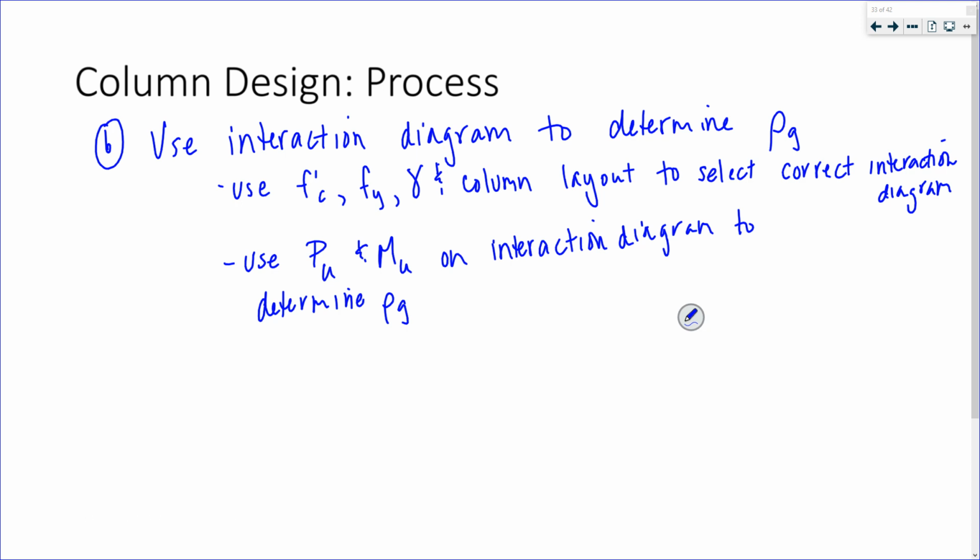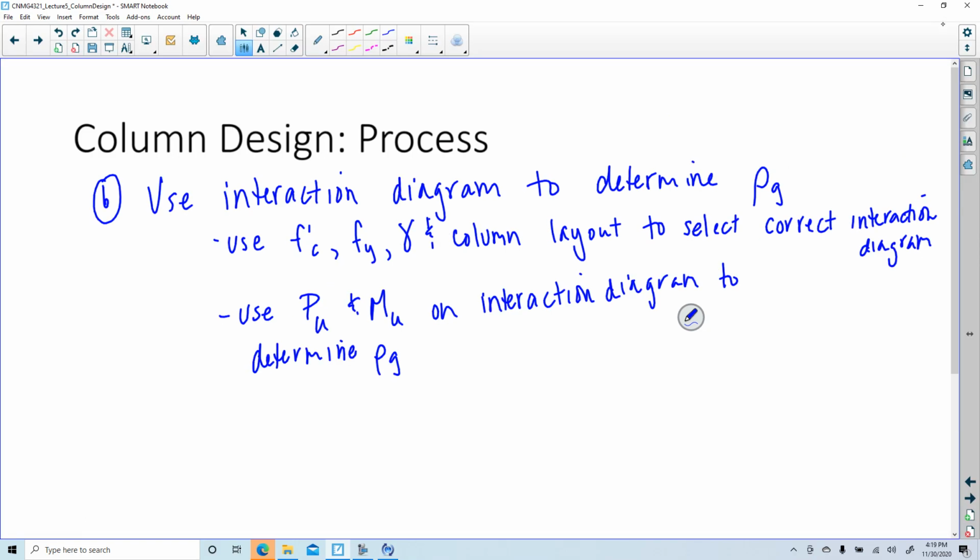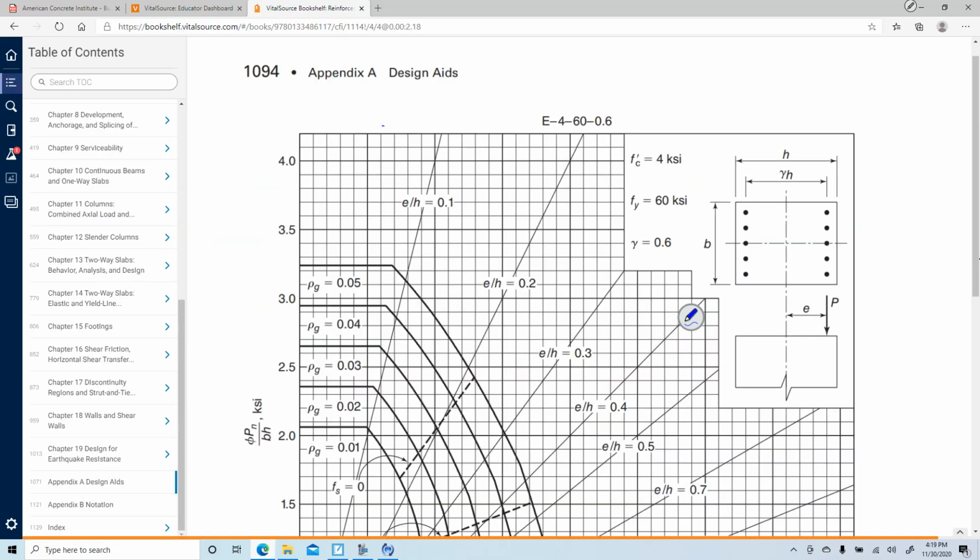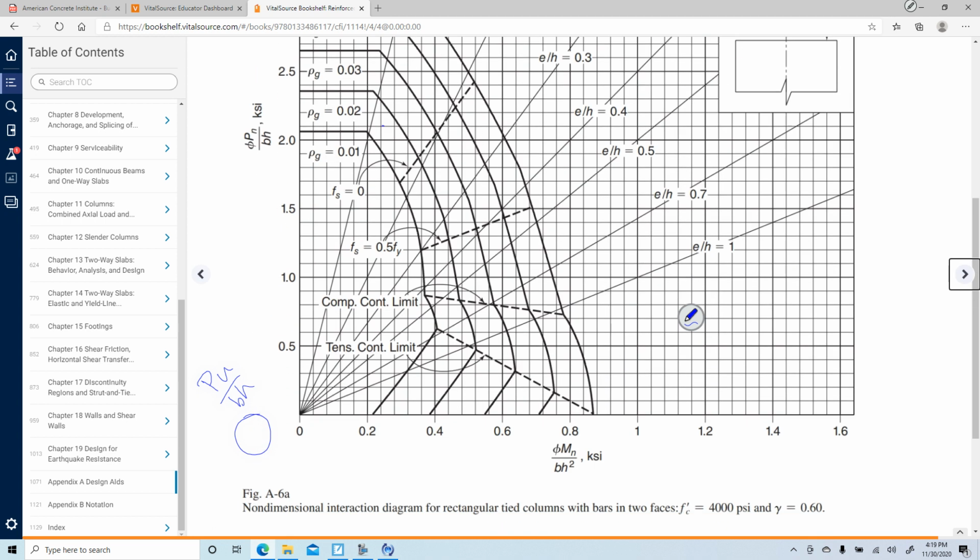And if you recall, we're looking at this one. It's actually, this would be PU over BH or MU over BH squared. Sometimes it's like that, sometimes it's not.